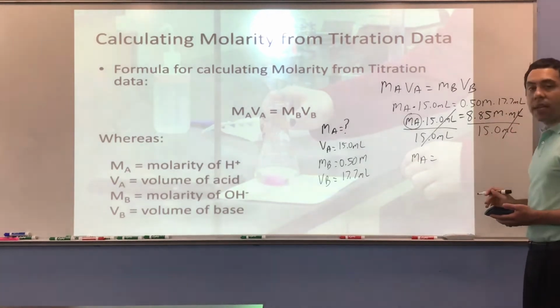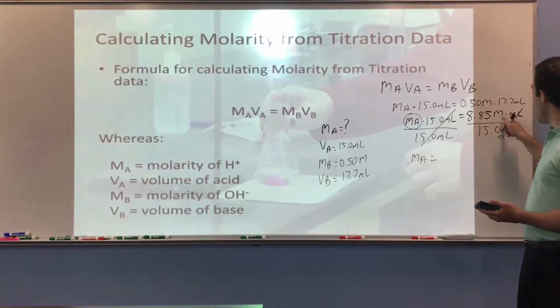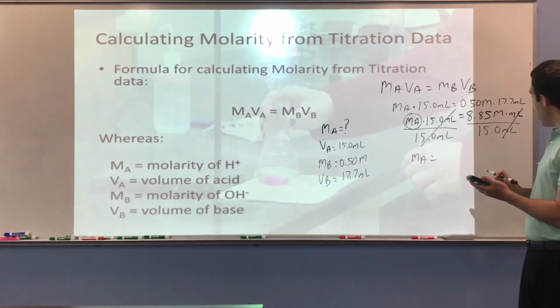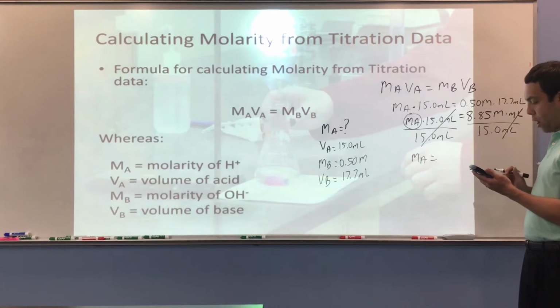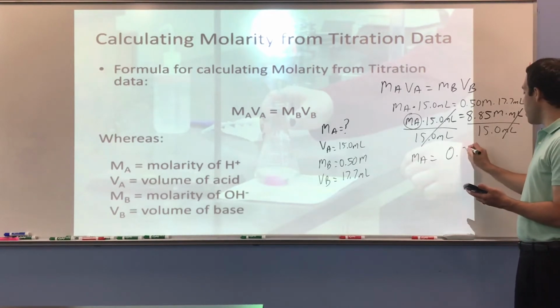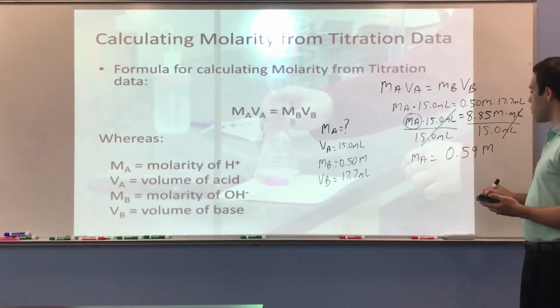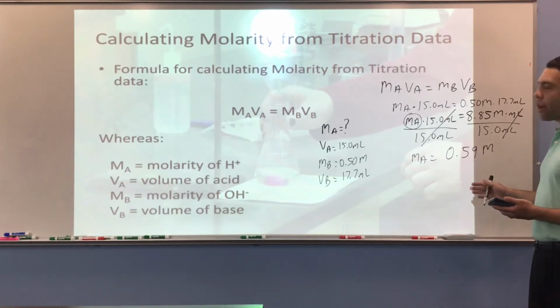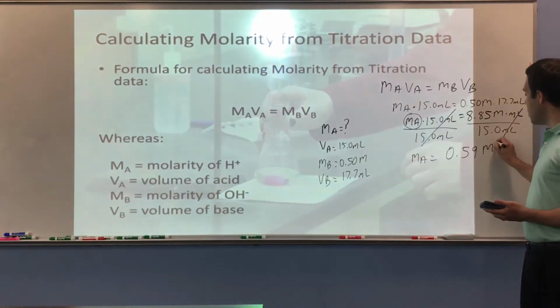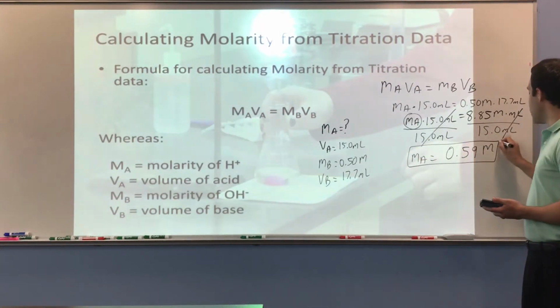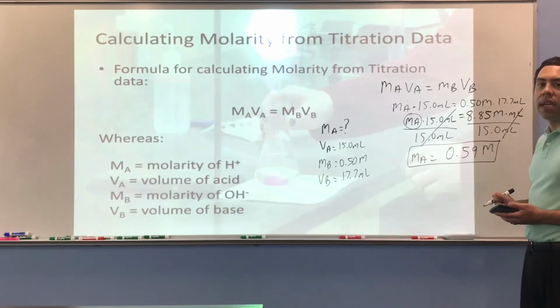The units milliliters and milliliters cancel out, so we're left with molar. 8.85 divided by 15.0 gives us 0.59 molar. So the concentration of our acid was 0.59 molar.